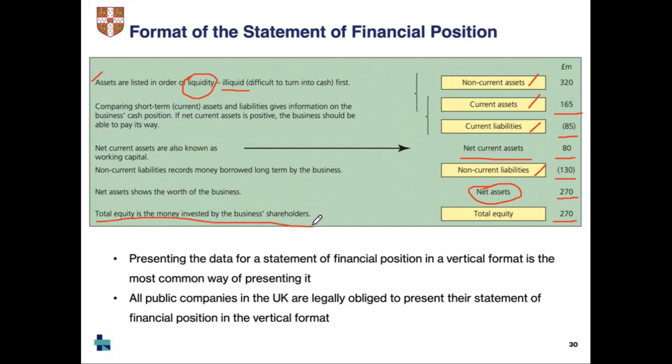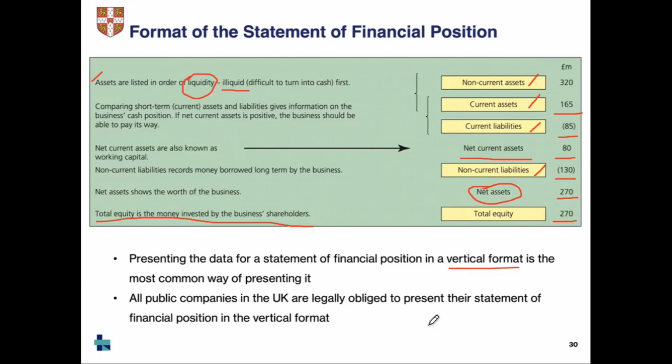So just like I said, this statement of financial position is presented in vertical format, and it is the most common way of presenting it. The second point down there says that all public companies in the United Kingdom are legally obliged to present their statement of financial position in the vertical format.